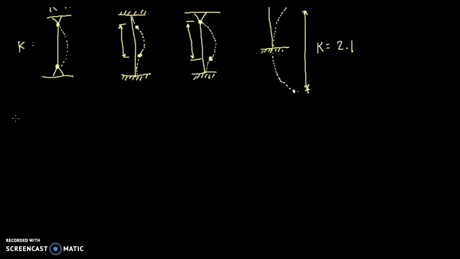Okay, so let's take a look at an example. Let's look at example 18.3 in the textbook. So for this example, we have a pinned top with a fixed base. So what does that tell us?